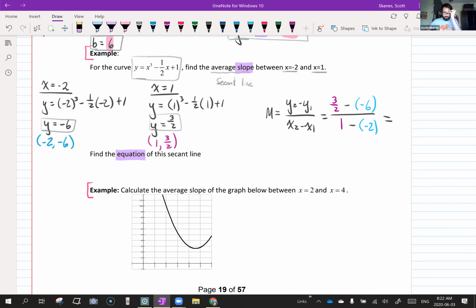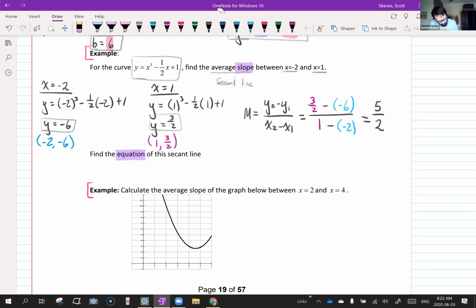What does that give us? If you work it out by calculator, any of the calculators you use should be able to figure this one out: 5 over 2. Okay, so a 3-step process. Find a point, find another point, get the slope between those points.